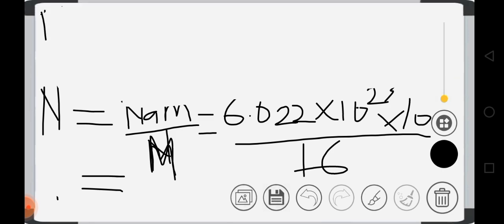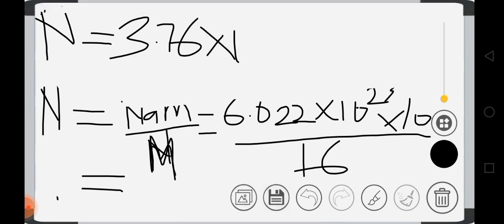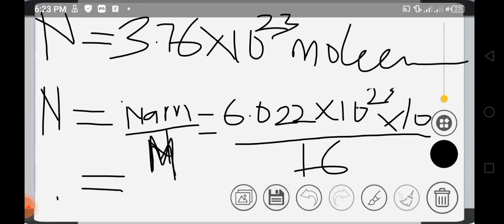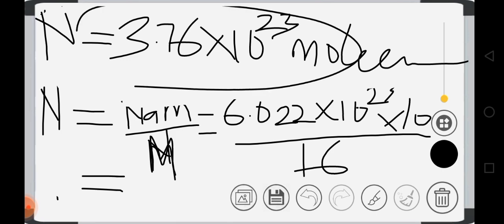I'm having the numbers of particles as 3.76 times 10 raised to power 23 molecules.